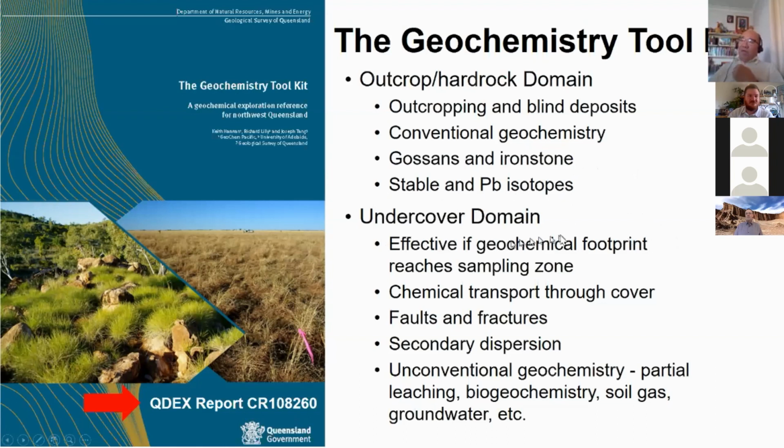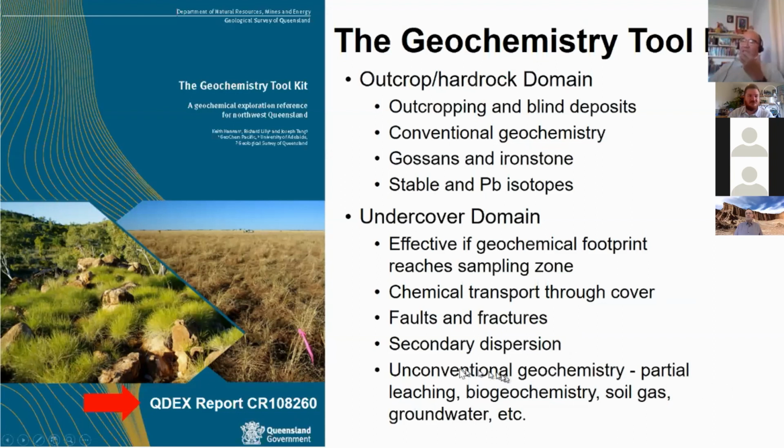The second half talks about the covered domains. Basically, this is only practical if the chemical footprints from the ore reach the sampling zones. And therefore, it emphasizes very strongly the chemical transport mechanism through cover, and talks about faults and fractures that act as conduits and secondary dispersion, especially at unconformable horizons between the country rock and the sediments above.